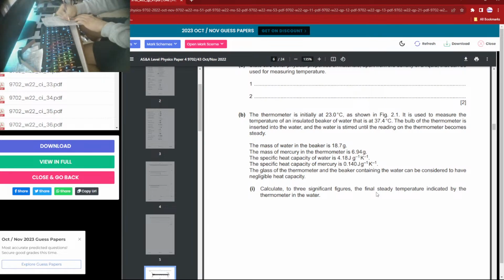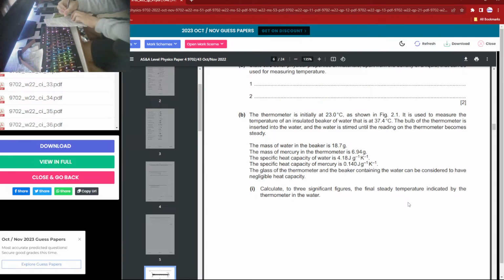Since you lose thermal energy, it would be a negative change. However, you don't really want a negative in your equation, so it'll just be 37.4, the larger one, minus T, the thermal equilibrium temperature we're trying to find. So that's the change in temperature.